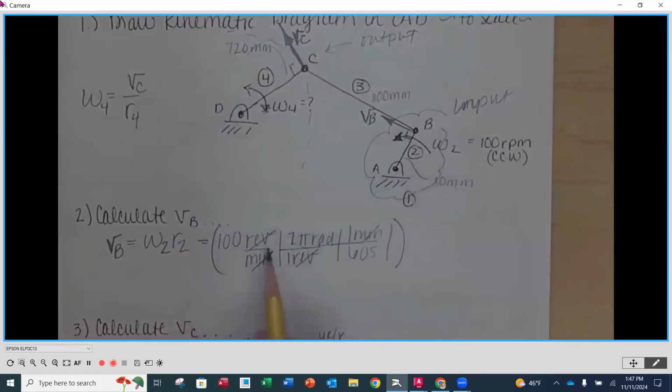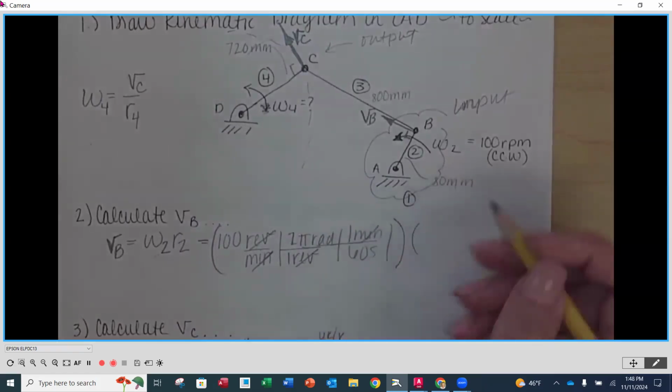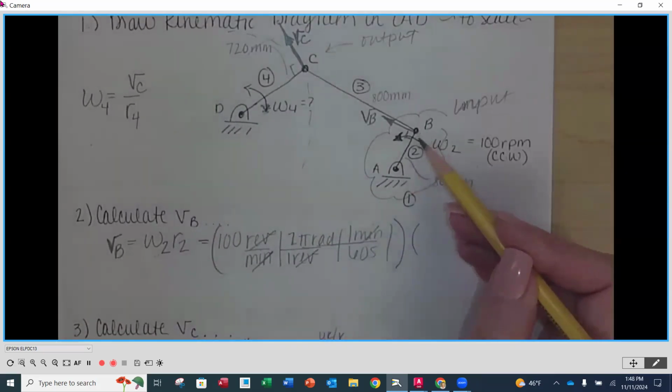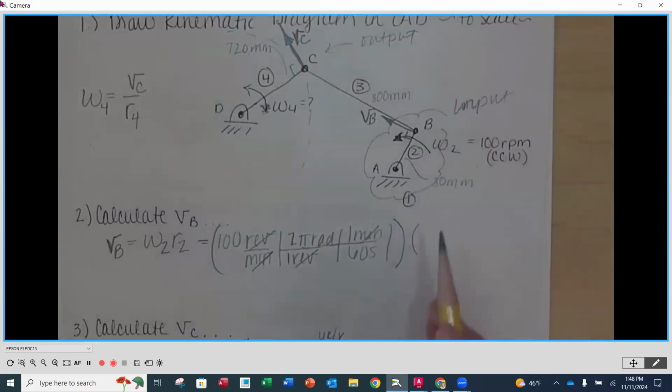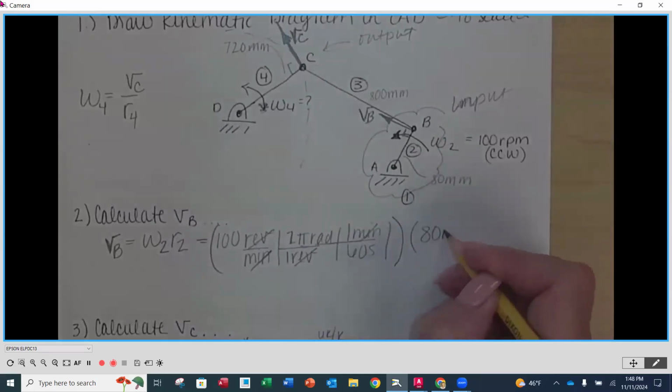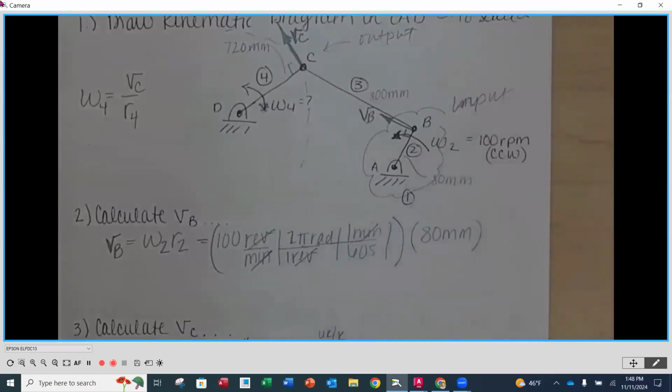Now that's going to be our W2 converted to radians per second, right, in the problem. Now I'm simply going to multiply that by the length of link number 2. So in the problem, that is 80 millimeters.